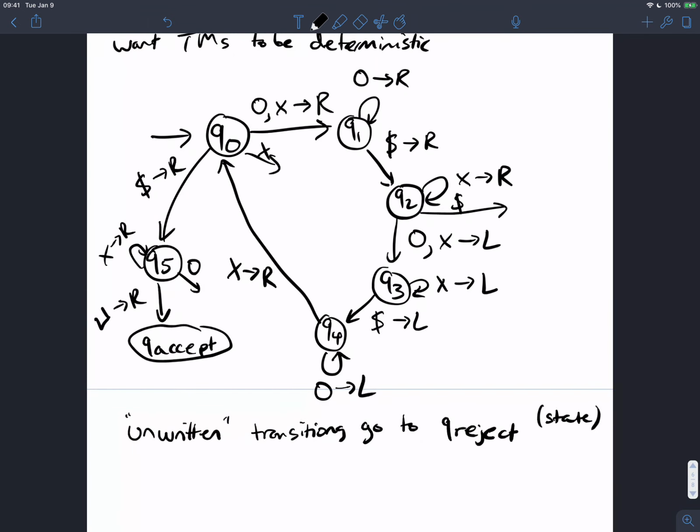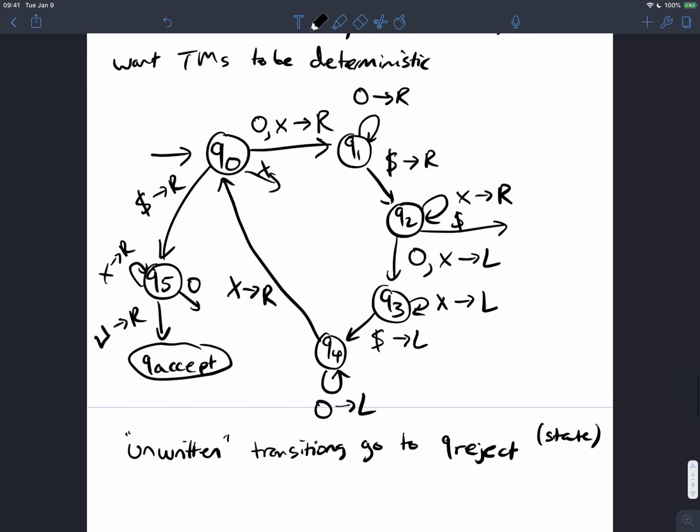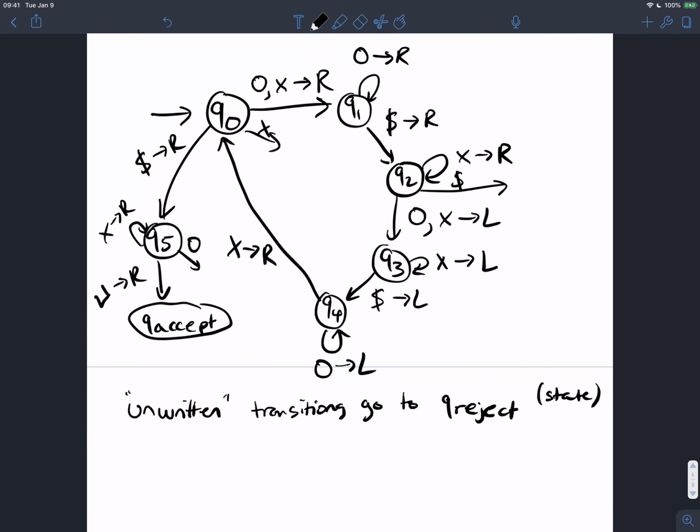So the transition in Q5 on seeing a 0 will go to Q reject. Any questions about that? Because these diagrams can be quite complicated if you include every single transition, this is always a good thing to do. If you state this, you're okay not including some transitions, because handling every single case is quite cumbersome.